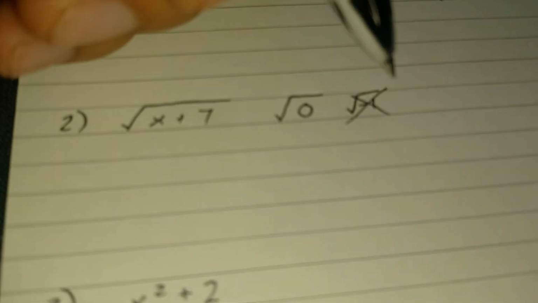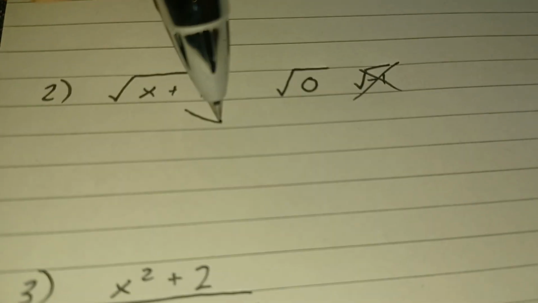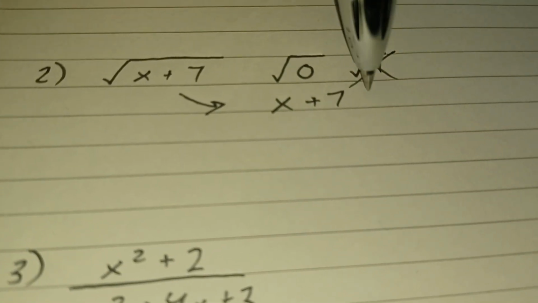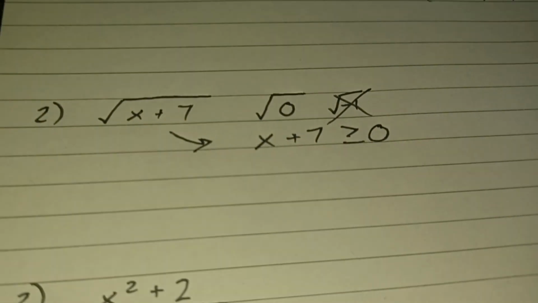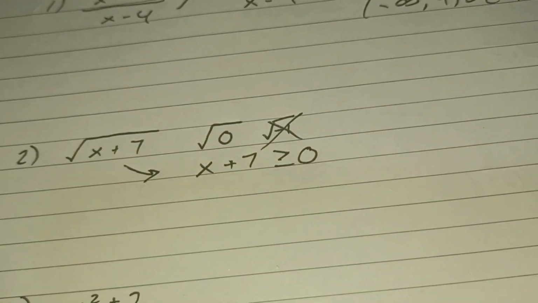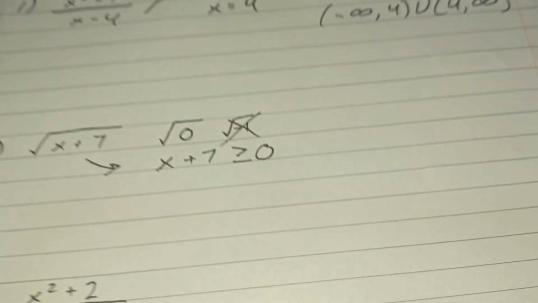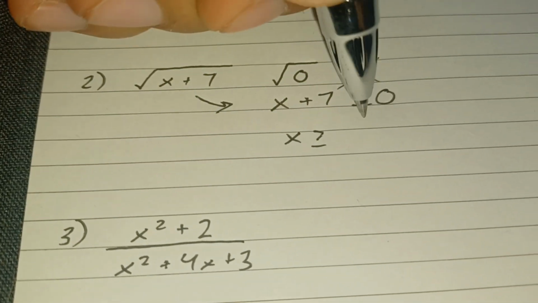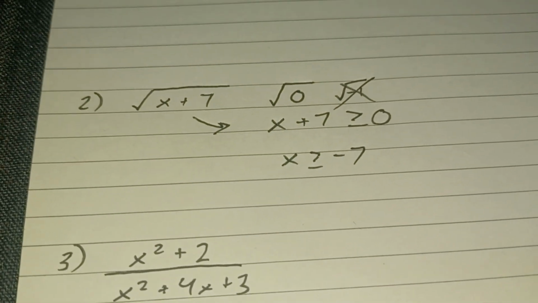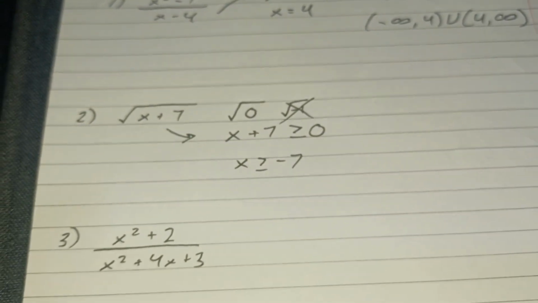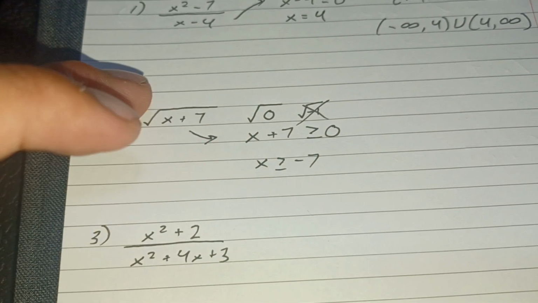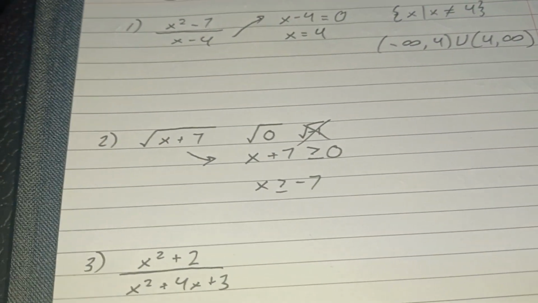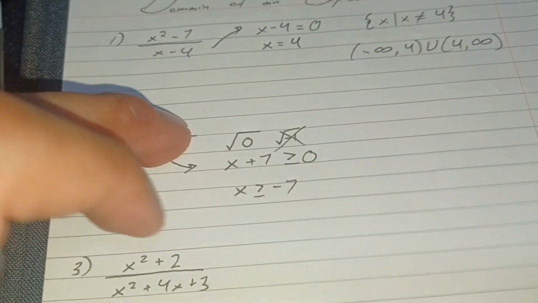So we set x plus 7 is greater than or equal to 0. And now we solve. This will give us x is greater than or equal to negative 7, right? Because if we plug in a negative 7 here, we got a 0, and we can have that.